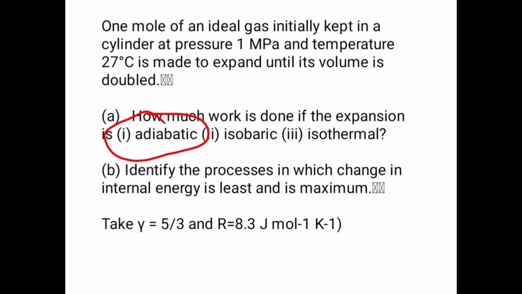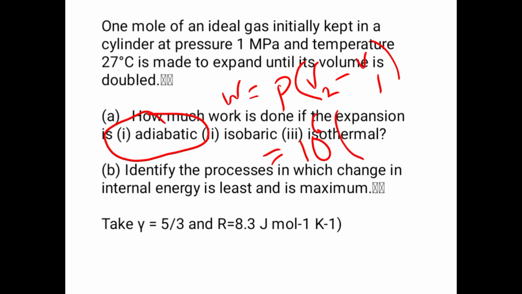But if it is isobaric, the work done is equal to pressure times the change in volume. We are not given any volume here. They said the volume is doubled. So we can say that the pressure is 1 megapascal, which is 10 raised to power 6 Pascal, times the change in volume.